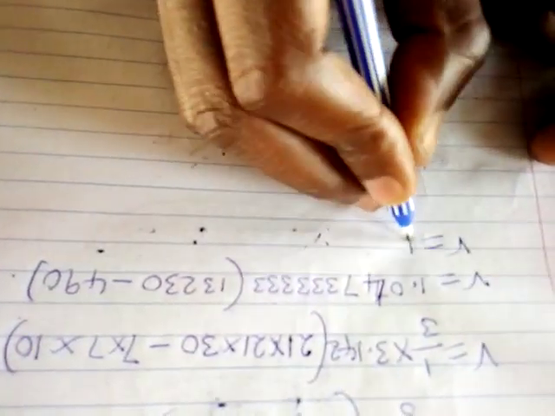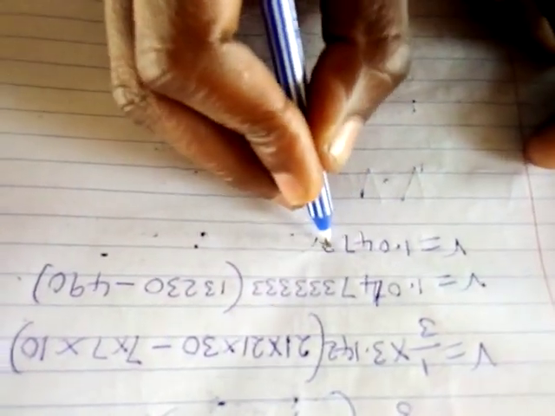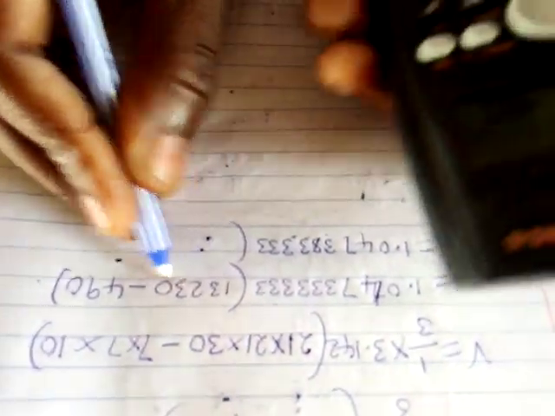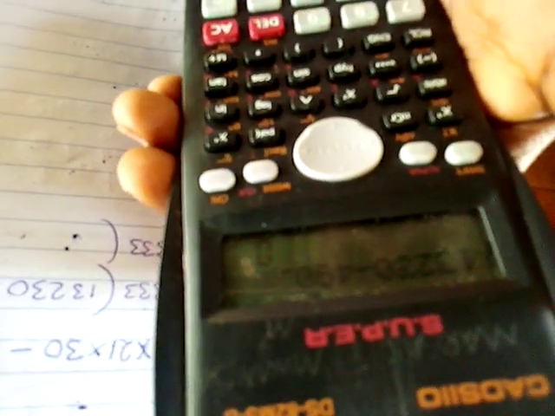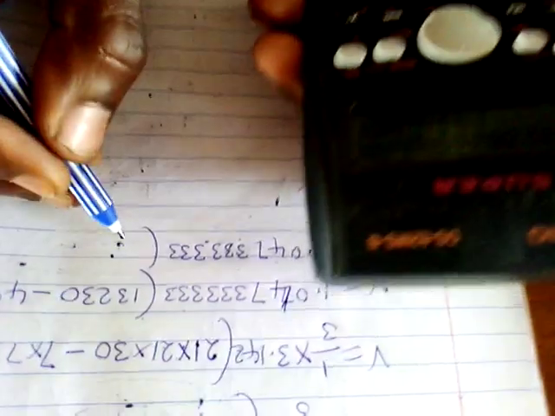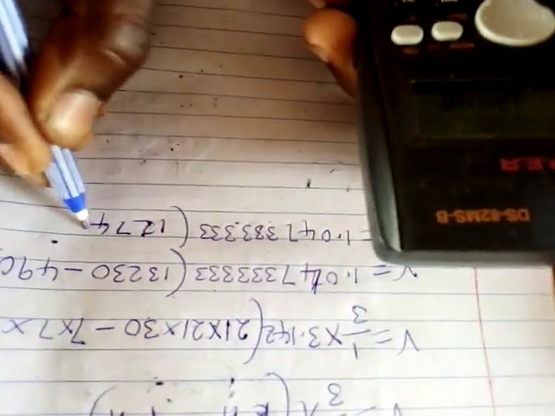So volume is equal to 1.047333333 times 13,230 minus 490. You get what? 12,740.